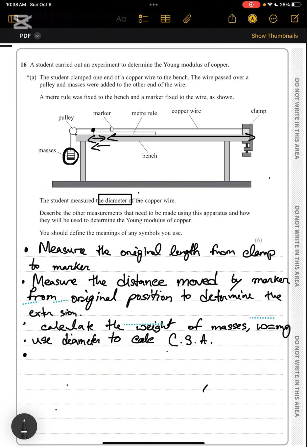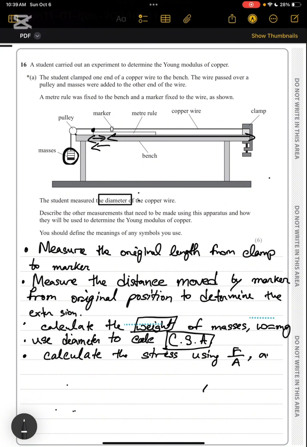Now we have to find the stress and the strain. Calculate the stress using force per unit area, force by area. We have found out the weight. This is our force and this is our cross-sectional area. We will use it to find the stress.